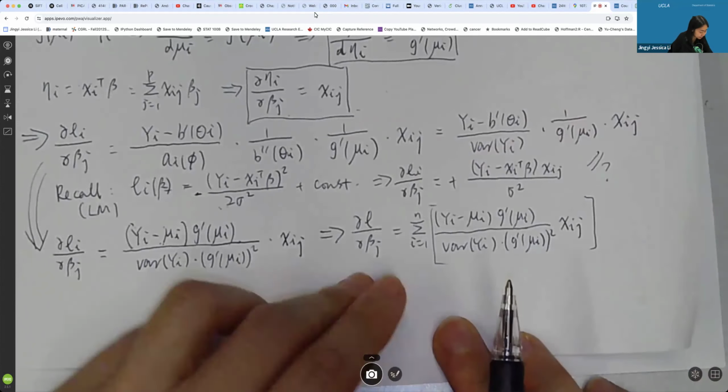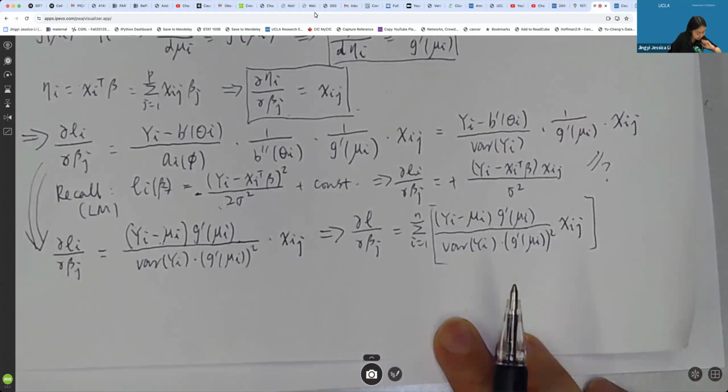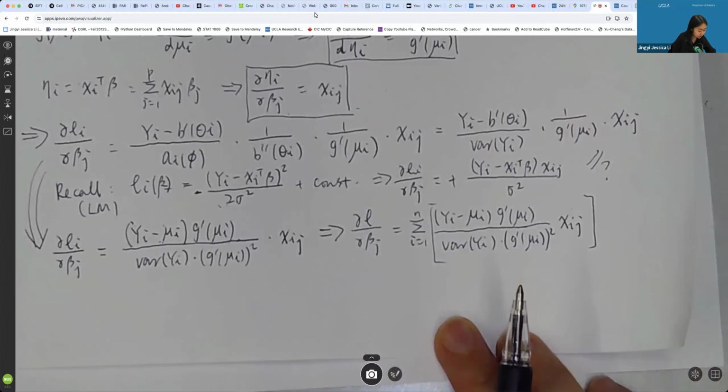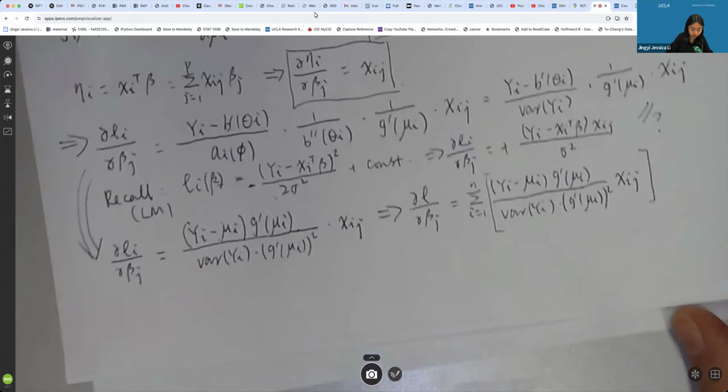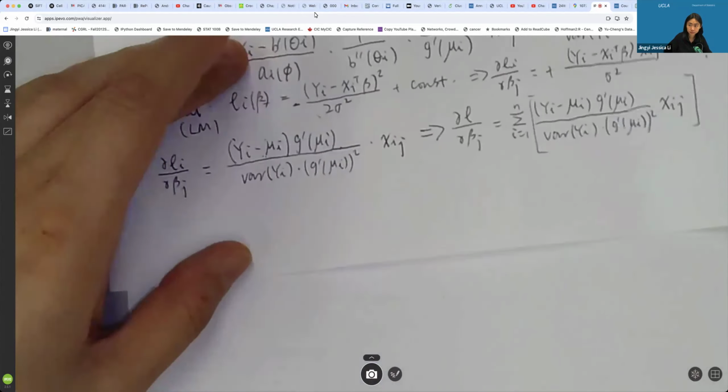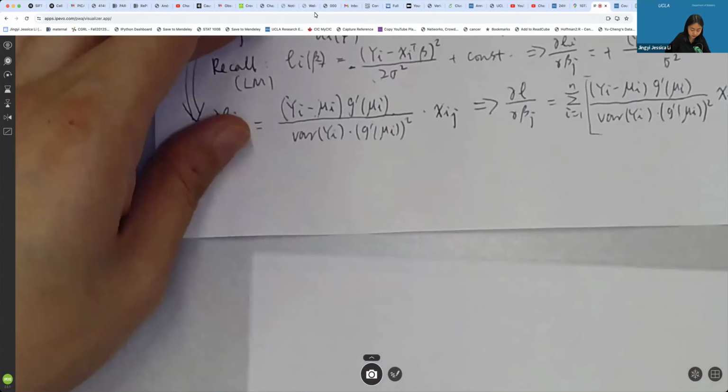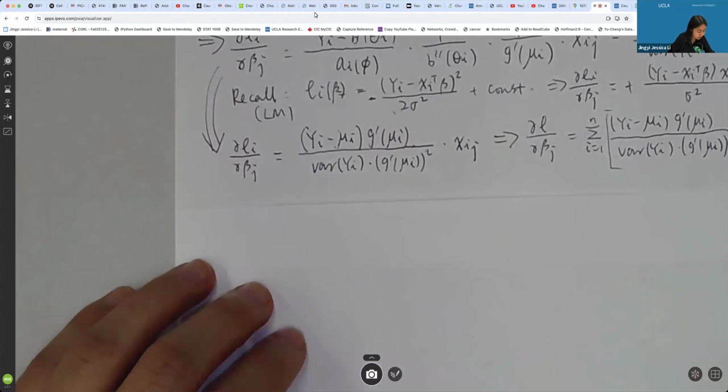Okay, and then if I want to go to the vector form, not just the scalar form, I define the following things. Maybe I'll take another piece of paper. So I will make some definitions here.